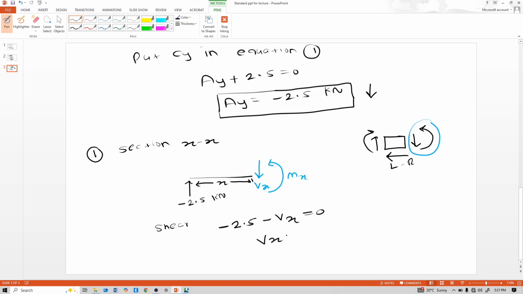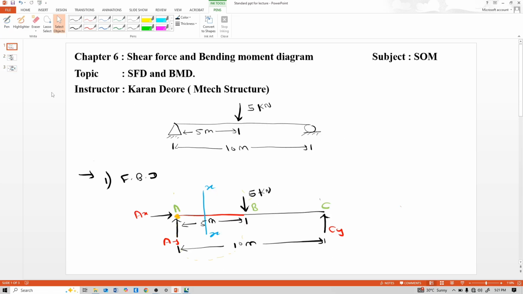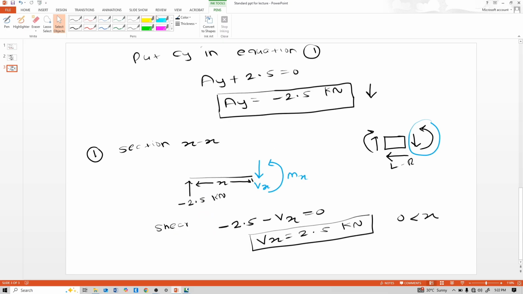So this Vx is 2.5 kilonewton, and this x is greater than 0 to less than 5, because the section is similar throughout. There is no in-between load between 0 to 5.